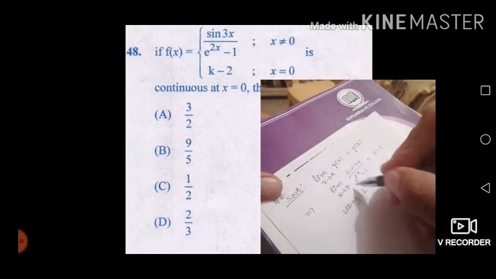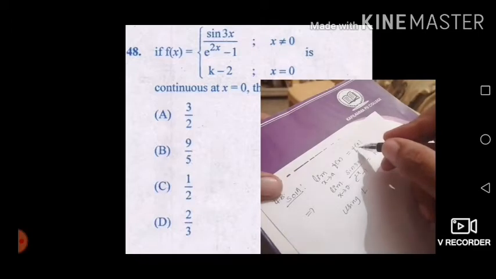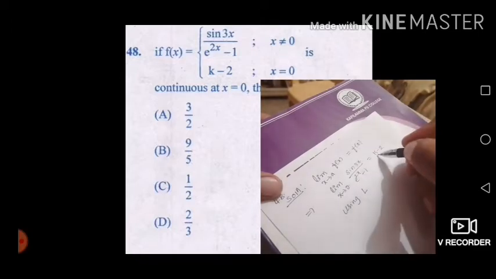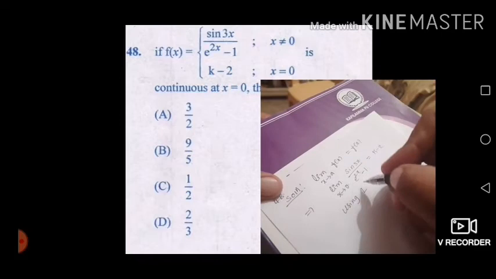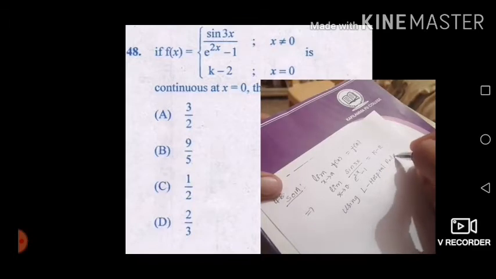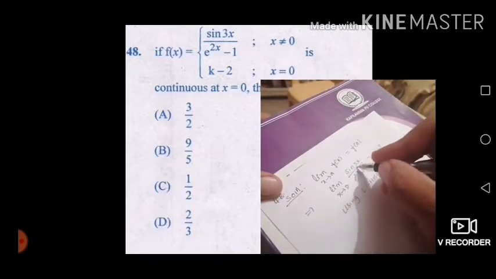Here the function is sin 3x divided by e power 2x minus 1, which is equal to f of 0, whose value is given as k minus 2. My dear students, here the method is not necessary, so keep that in mind. Use L'Hospital rule. When we are using L'Hospital rule, we have to differentiate the numerator.